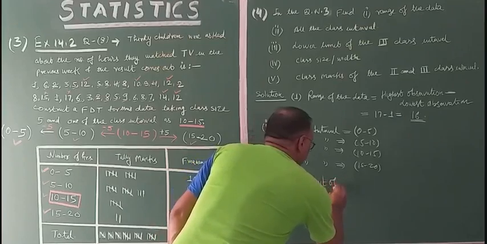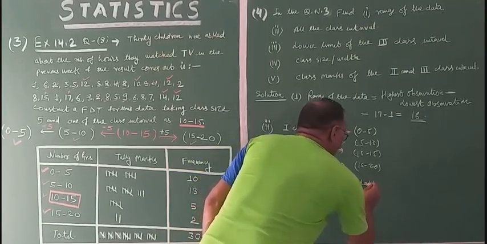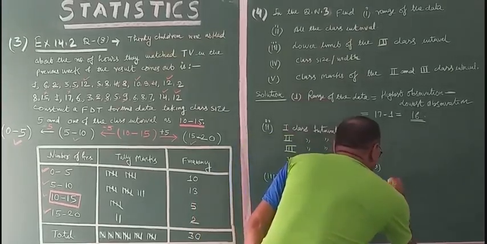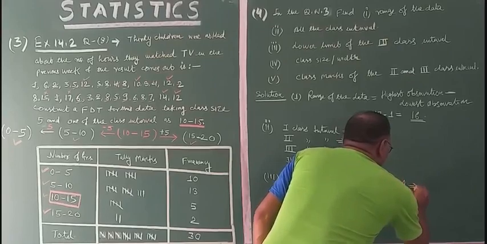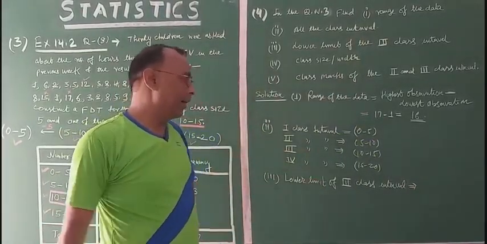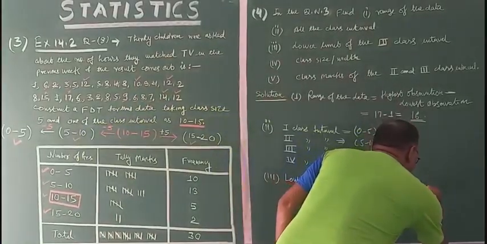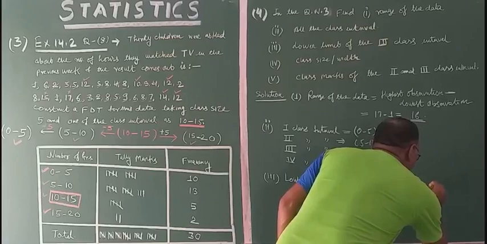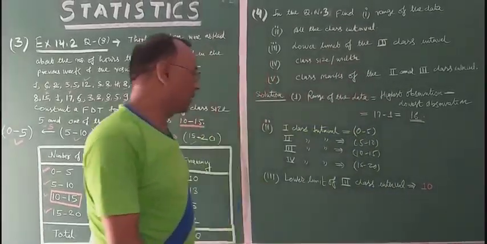The third part, lower limit of the third class interval. So what is our third class? 10 to 15. So 10, the previous number, is the lower limit. Okay. Lower limit of the third class interval is 10.